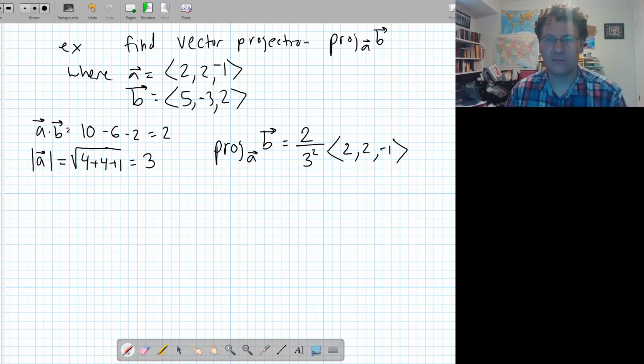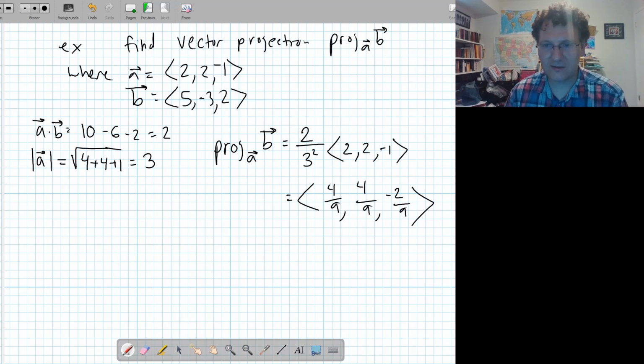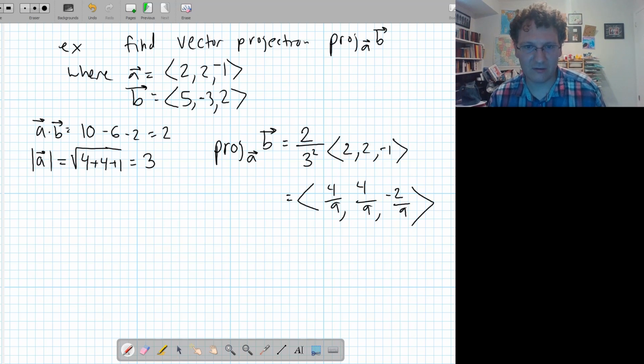So that's 2/9. I'll distribute that: 2 times 2 is 4/9, then another 4/9, and then -2/9. And that's how you do a vector projection.